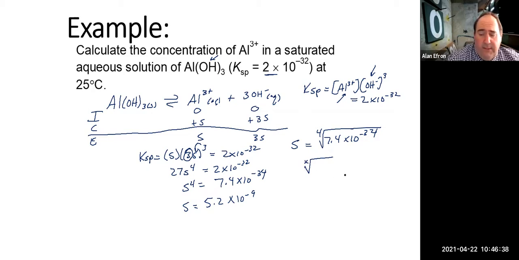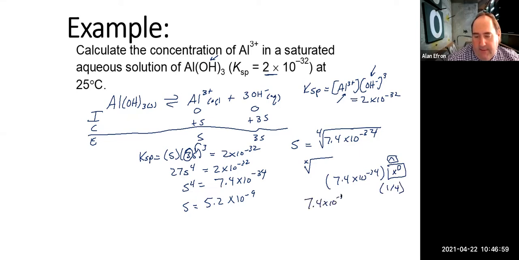Or if you want, what you could do is take the number, hit your kind of, mine is like X to the something, or maybe a caret type button, and do parentheses 1 divided by 4. So basically you're doing 7.4 times 10 to the minus 34 to 1 divided by 4. 1 divided by 4 is basically the fourth root. 1 divided by 2 is the square root. 1 divided by 3 is the cube root. So that's the way you can kind of do that.